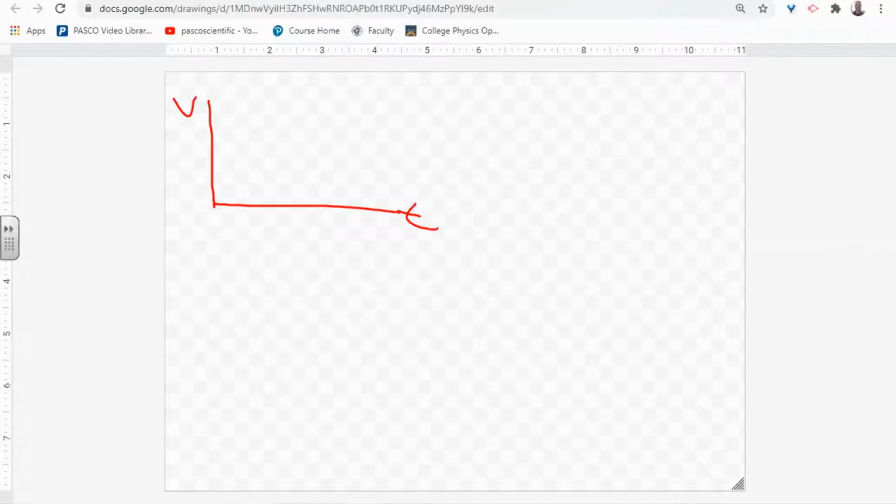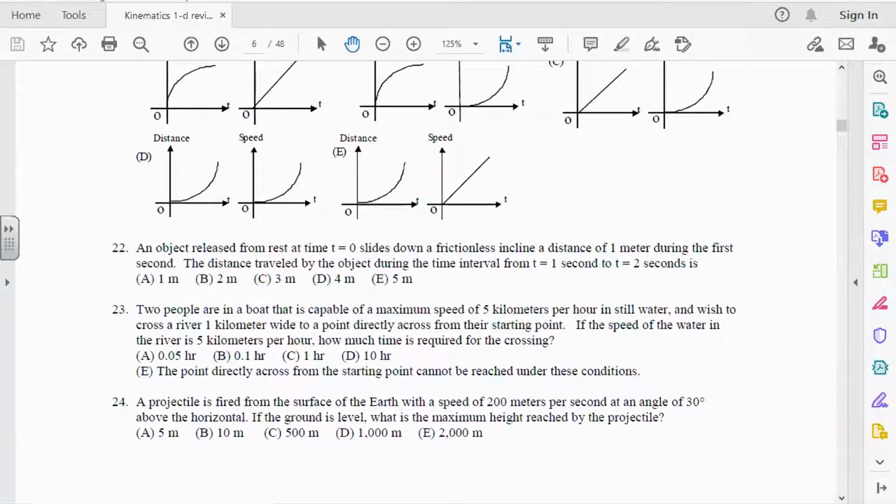What the question tells me is that it's released from rest and slides down a frictionless incline a distance of 1 meter during 1 second. And now what it's asking me is, during the time interval 1 to 2 seconds, how far does it travel?